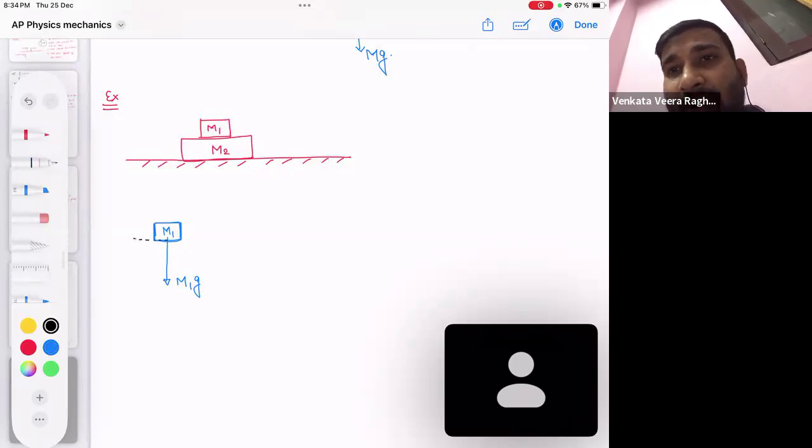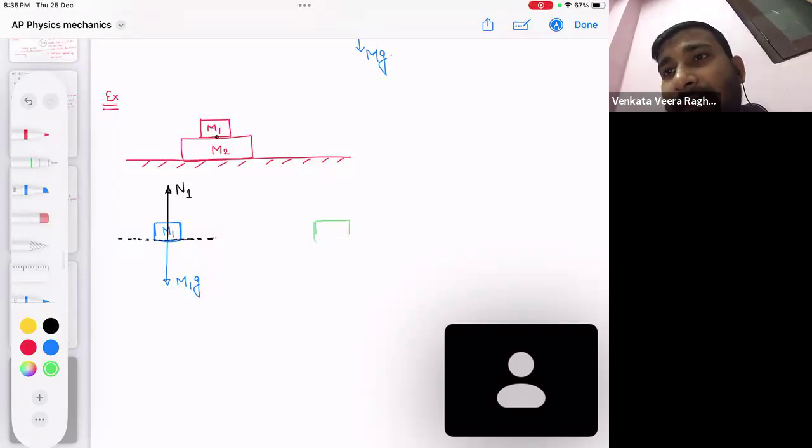This is the contact surface between m1 and m2. From that contact surface, block number 2 is pushing it away. So this is the normal. Let's call this normal N1. These are the only two forces acting on m1. This is the free body diagram of m1.